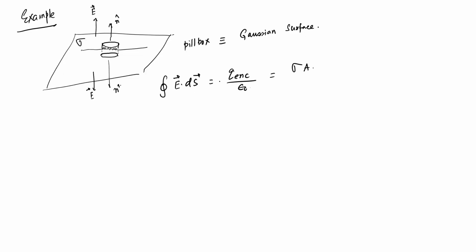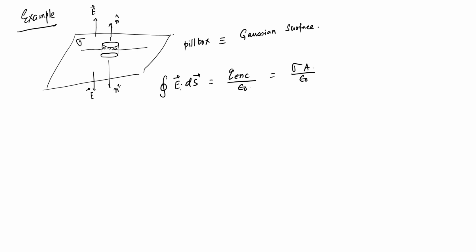But the curved surface is along the plane and the electric field is in the perpendicular direction, out of the plane, so the curved surface does not give any contribution to this flux. Only the top surface, slightly jutting out from the plane, and the bottom one, slightly coming down, contribute. So, this is sigma A by epsilon 0.